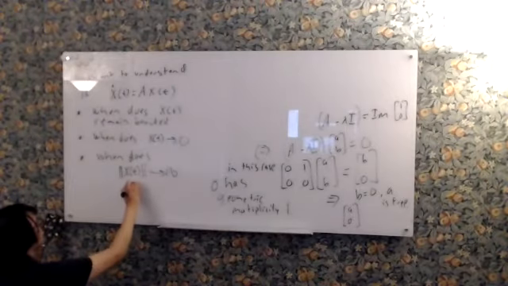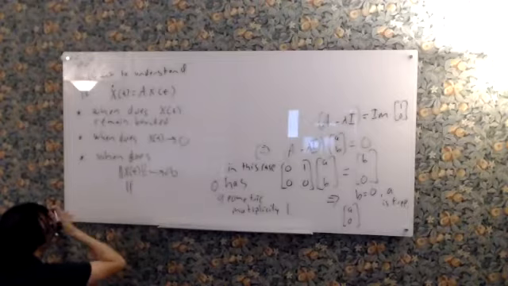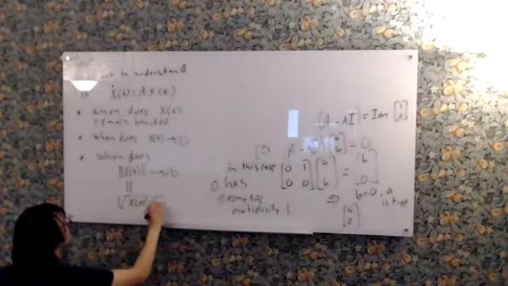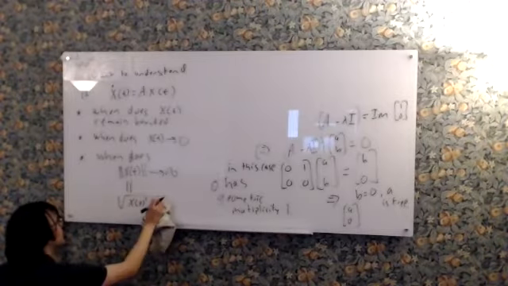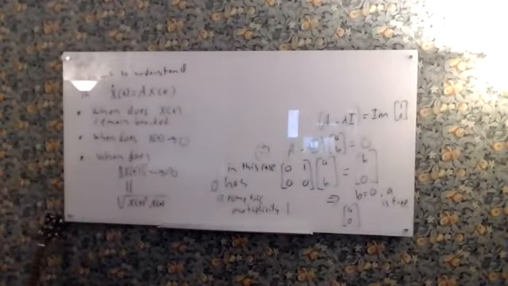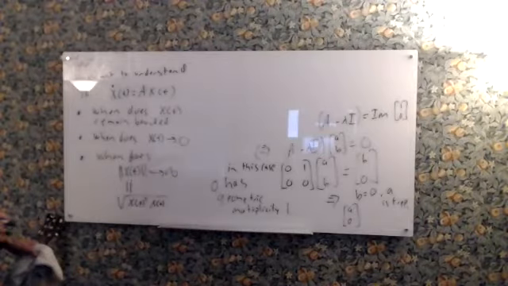Here, this norm is what's called the Euclidean norm. This is defined by the square root of x of t transpose times x of t. That's just what we call a norm.